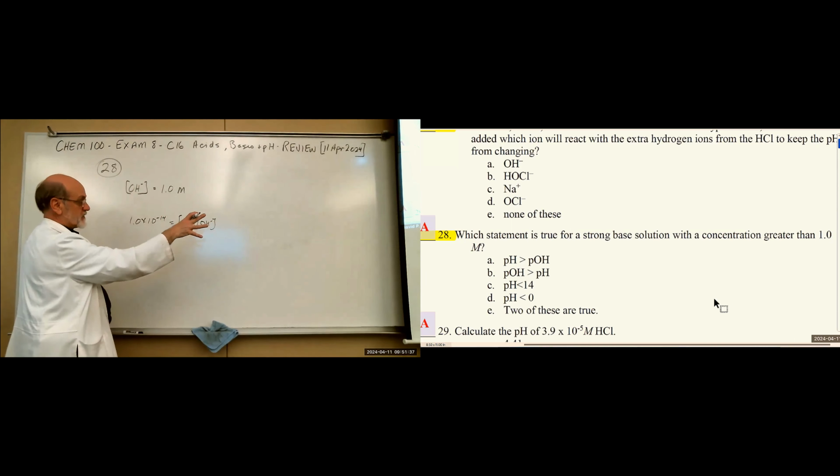So all is possible. So what do we have here for these two concentrations? We have 10 to the minus 13, and hydroxyl is 1, which is 10 to the 0, correct? So 10 to the 0 times 10 to the minus 13 is 10 to the minus 13.